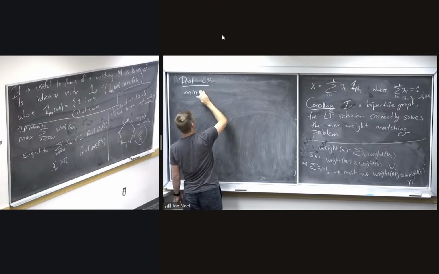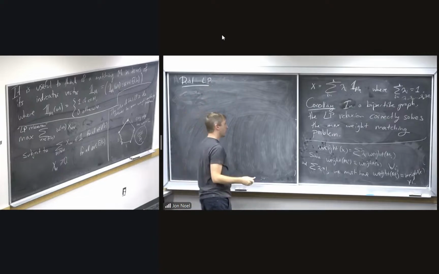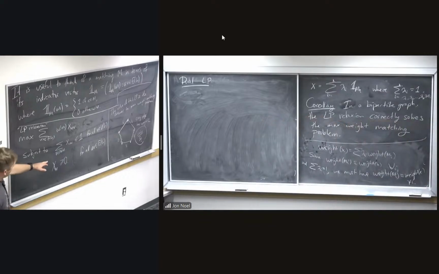Over here we have one variable for every edge and one constraint for every vertex. And then we have non-negativity constraints. So the number of variables is equal to the number of edges, and the number of constraints equals the number of vertices. So in the dual, you should have one variable for every vertex, one constraint for every edge.